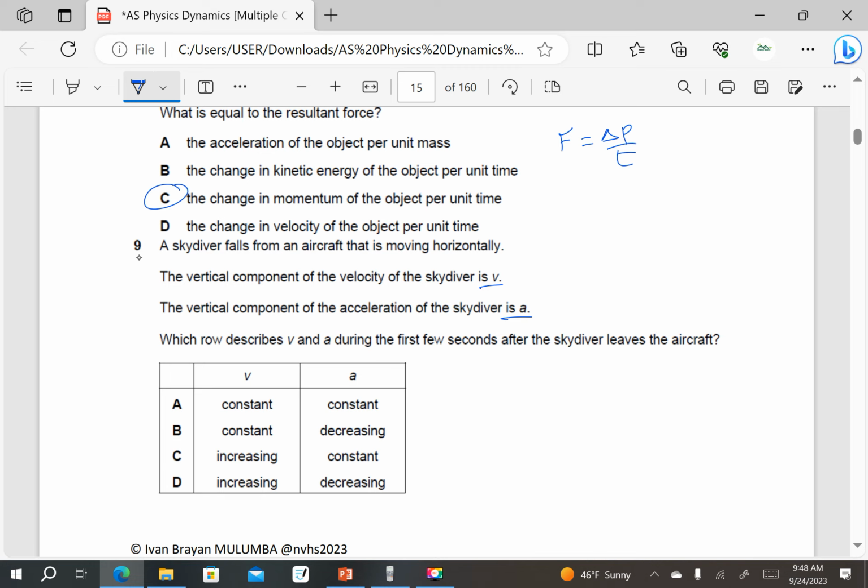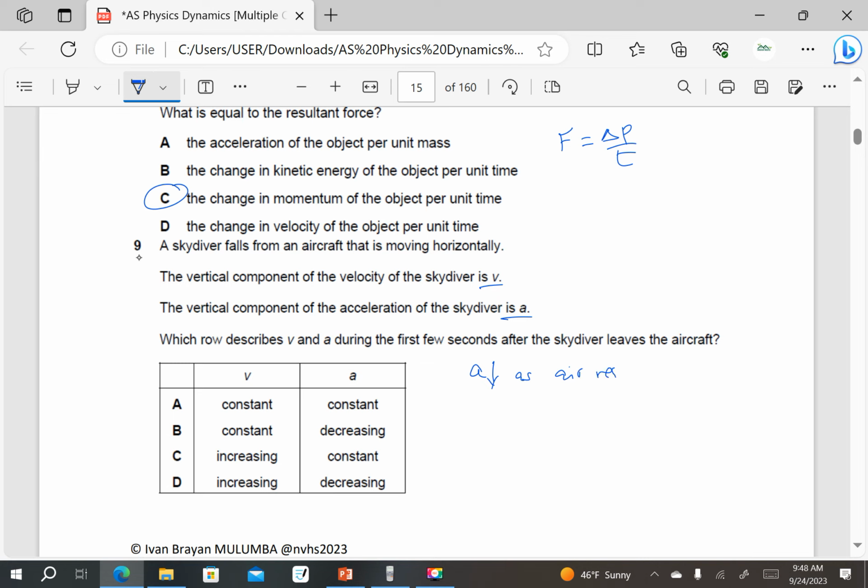So assuming there is air resistance, of course the speed will increase, and that means acceleration is going to decrease as air resistance increases.